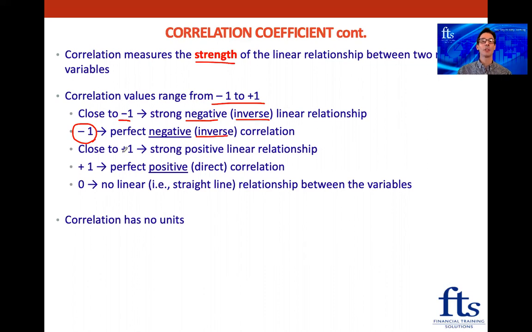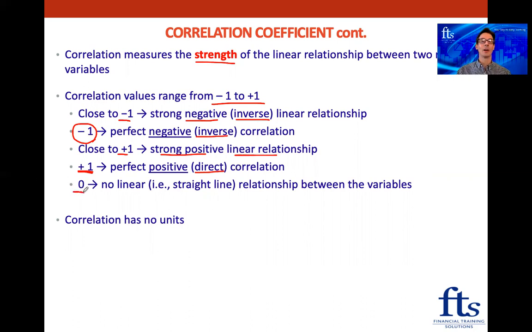And then if it's close to +1, then we've got what we call a strong positive linear relationship. And if it's +1 exactly, that's what we call perfect positive or direct correlation. So this means if A goes up 5%, B goes up 5%. If A goes down 5%, B goes down 5%. And what happens if it's nothing?